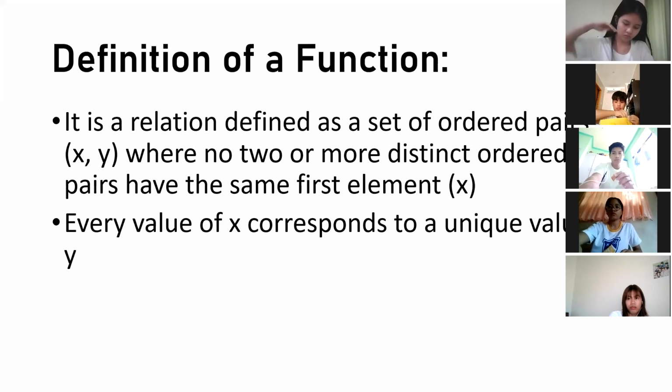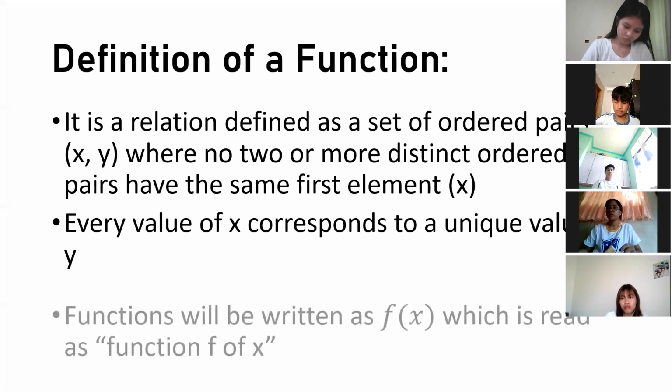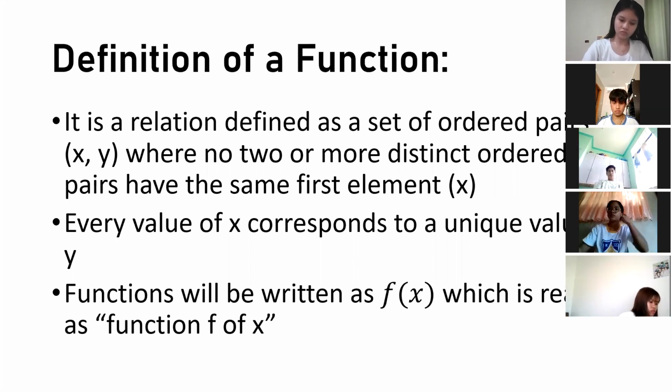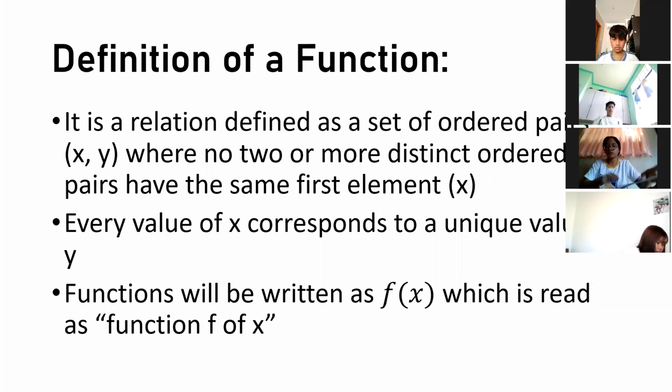So I already gave a clue to you. When you see ordered pairs or a set of coordinates, you have to consider that if you have two values of x with the same value of x but different values of your y, then that means it's a mere relation, since that same value of x now has a non-unique value of y, or contains more than one value of your y.